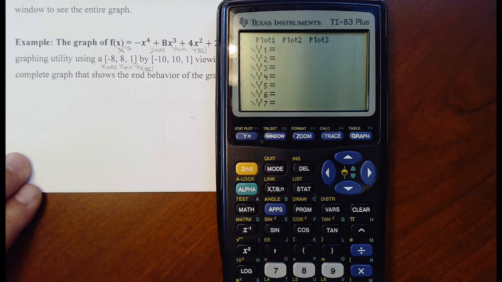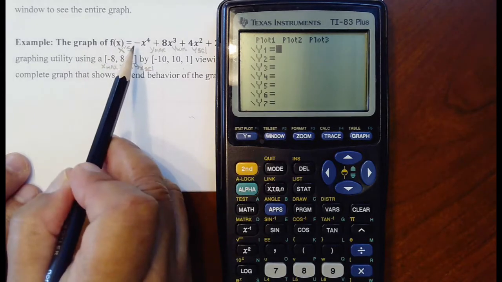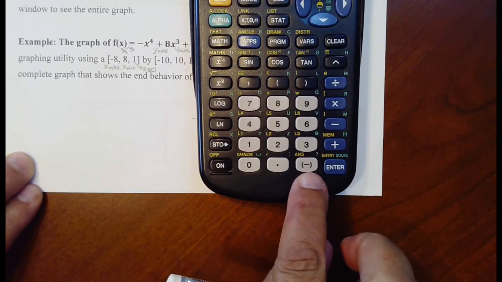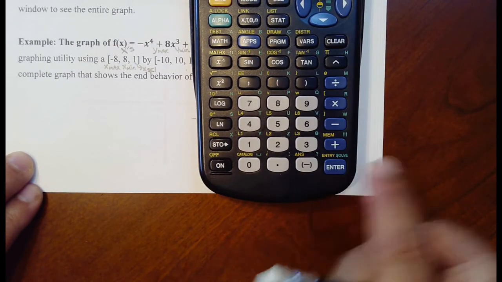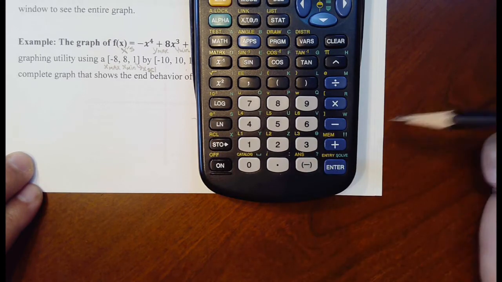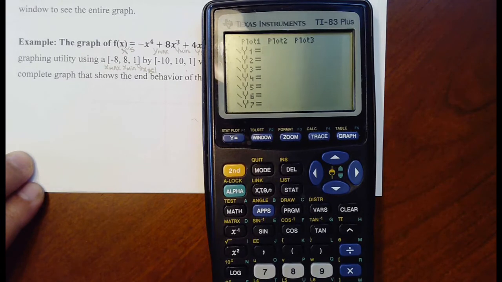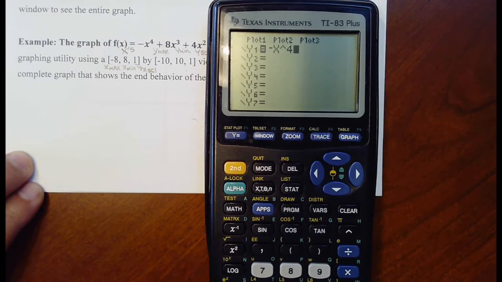So let's go ahead and press those terms in. So it's minus x raised up to the 4th power, and then it's plus 8x raised to the 3rd, plus 4x, put a square on there, last term is positive 2. Press enter to absorb the entire function. Then we're going to set the window as they've requested in this problem.